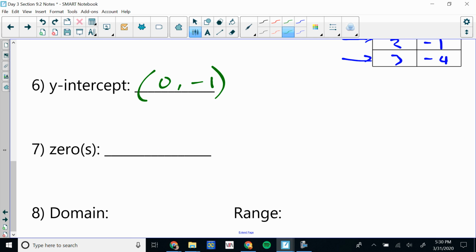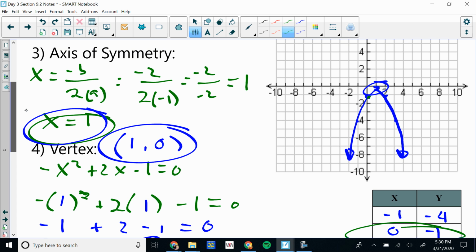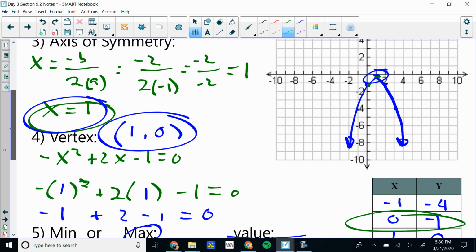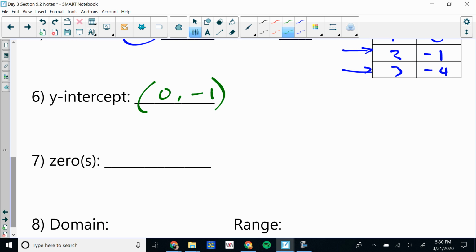Right, then remember I said the zeros, I want to keep that in mind, is where it crosses the x-axis. Looking at ours, it crosses here at the point 1, 0. Okay, and so that's the solution, or the zeros, roots. You'll hear me say all those things.